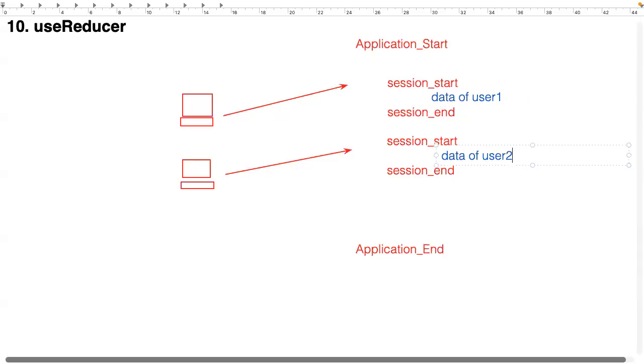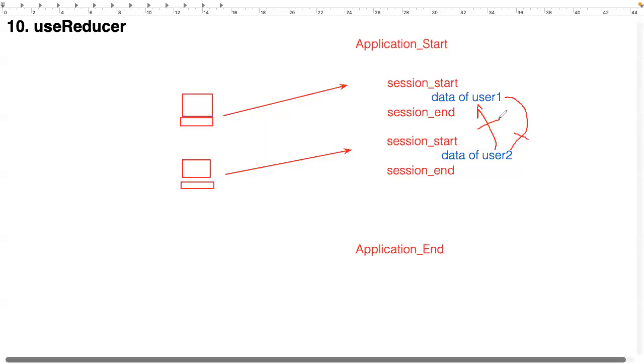That means for every user it will maintain a session, and for every user there will be some data. And the data of one session is not accessible to another.